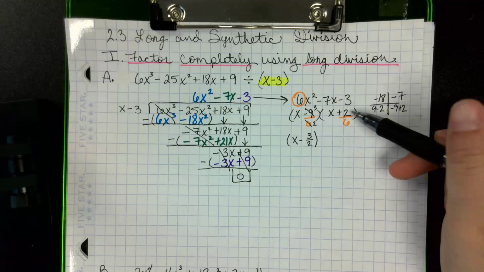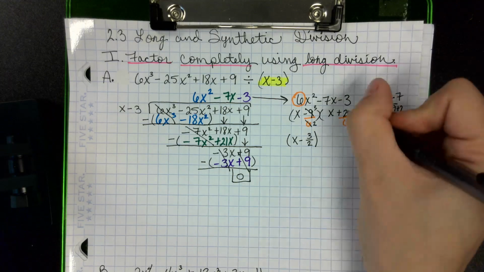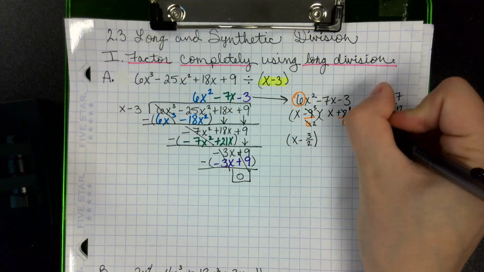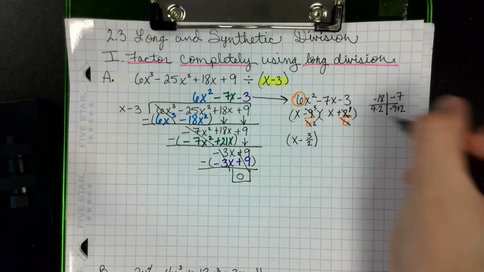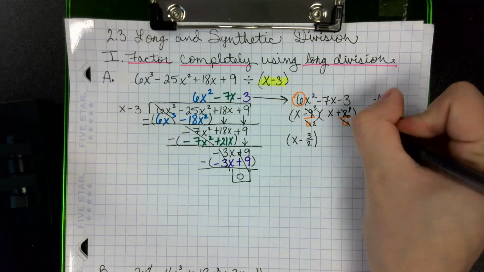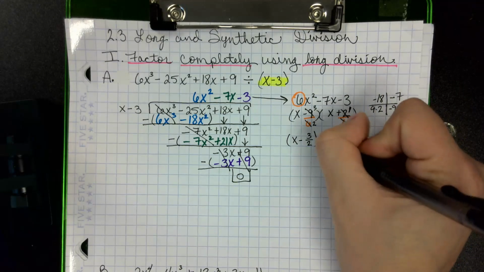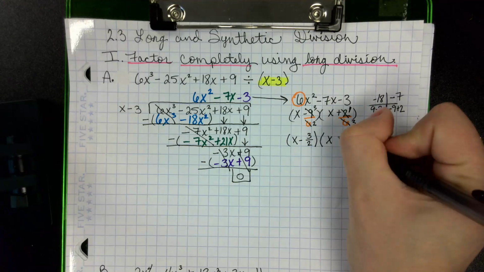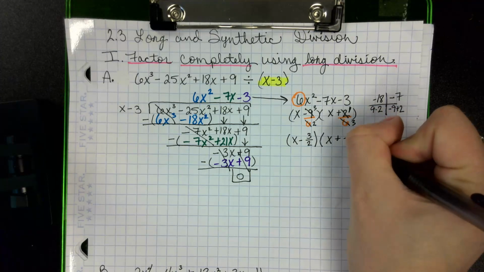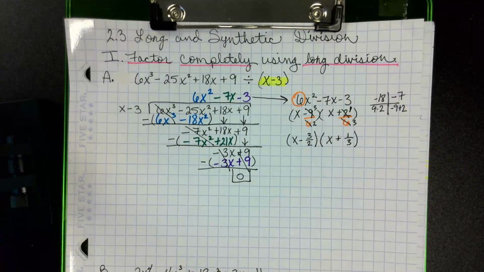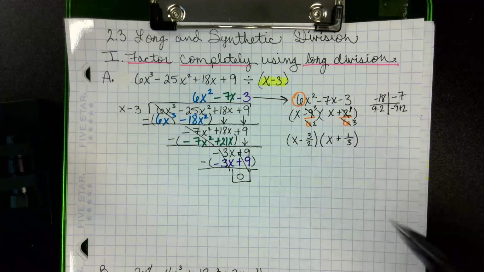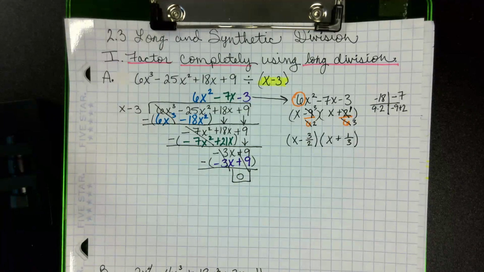And then the other factor, 2 does not divide by 6, but I can divide it by 2, and it would give me a 1. I could divide the 6 by 2, and it would give me a 3. So this factor would be x plus 1/3. But I'm not finished factoring because you're not supposed to have fractions when you're factoring.